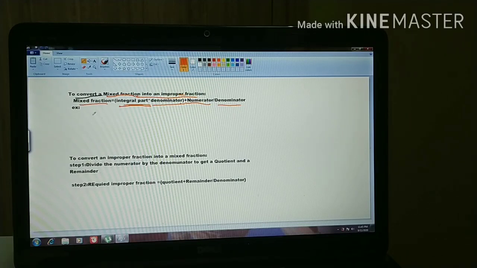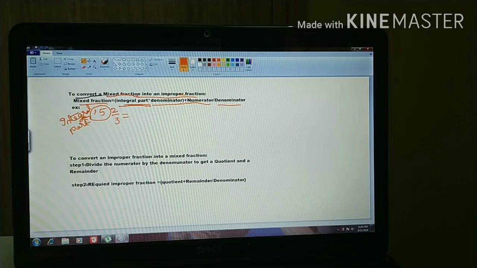See one example. I am taking 15 2 by 3. This is one mixed fraction. This is called the integral part, and this is the numerator and denominator.